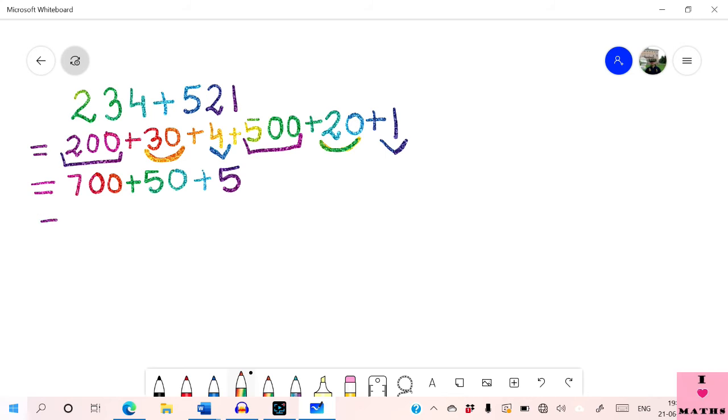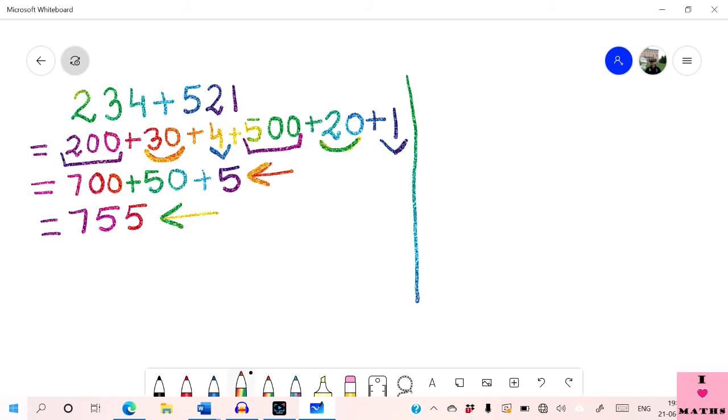So the answer is 755. This is the expanded form and this is the standard form. See children, how easy it has become. Let me show you one more example like this.